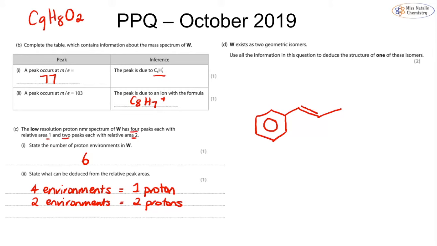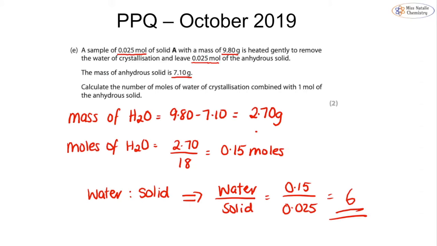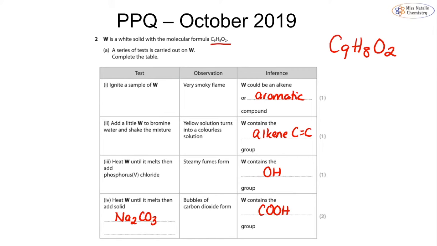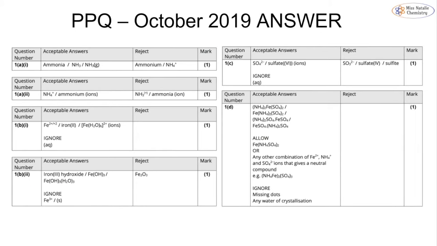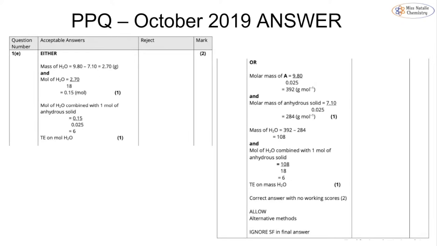So we now need to add 2 oxygens and a hydrogen, but if we go back to our information, we know that it contains a carboxylic acid group, so this must become our carboxylic acid group here. And you can either draw the E or the Z isomer, both of them would give you the same answer. So you can check everything on the mark scheme if you wish, if you've been working on these questions on your own.